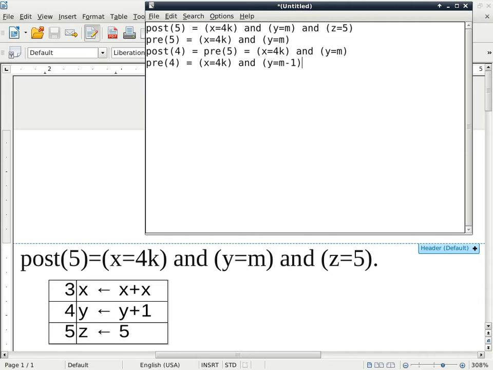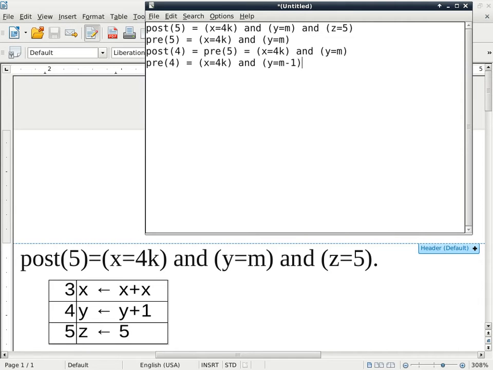Exactly. As long as it is the same statement, you can use algebra any way you want to kind of put things on one side, put it into different sides. You can even say m minus 1 minus y equals 0, because it really is saying the same thing.